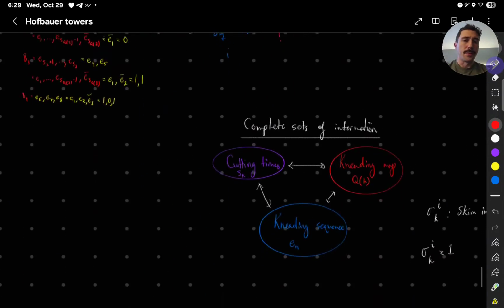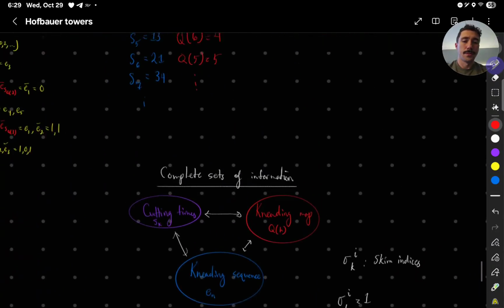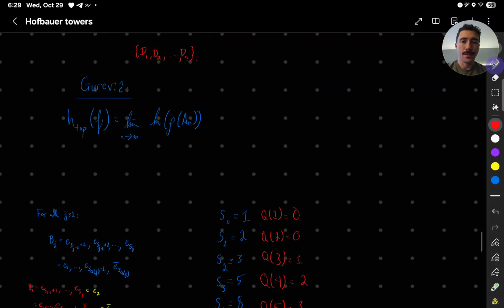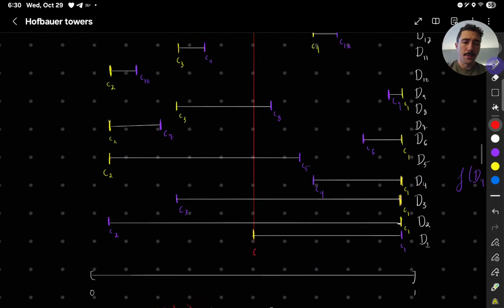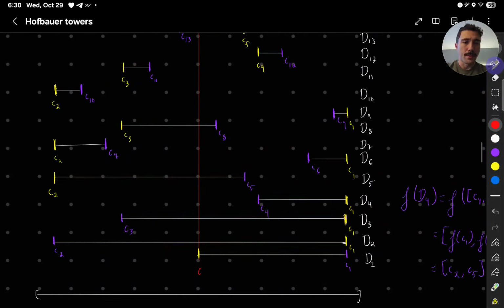So this is a relatively useful thing that tells you about the topological entropy, the Hofbauer towers do, and they also give you some details about the orbit of the critical point that are not given to you by things like ergodic theory or the recurrence theorems in it, because that can only tell you about a full measure set of points, and it doesn't tell you anything about a particular point, like the critical point.